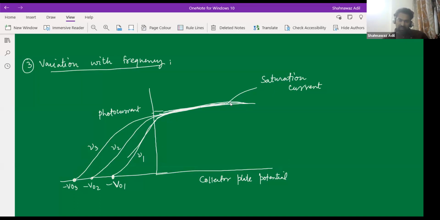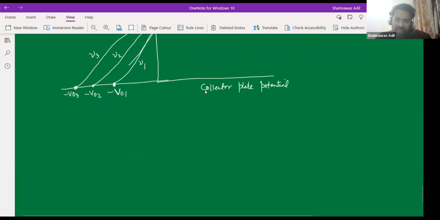What is changing for these frequencies? What is changing? Yeah, stopping potential is changing, right? For different frequencies, this stopping potential is changing. So this is one thing that we understood.